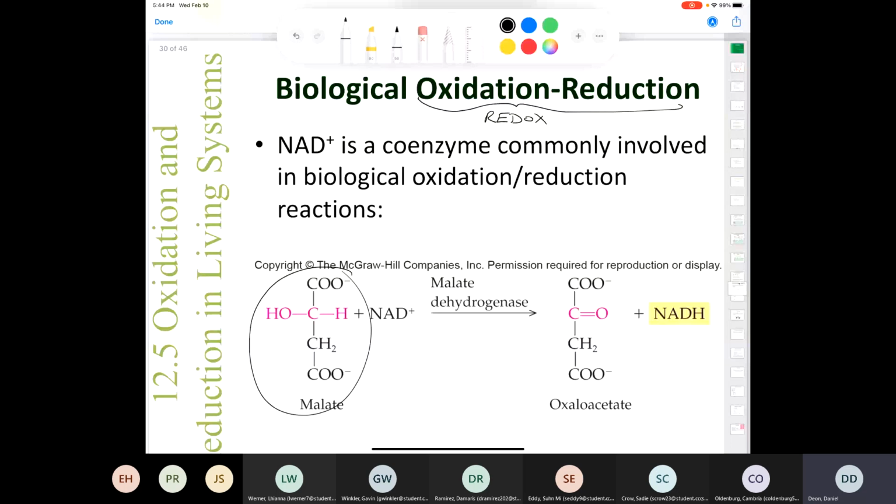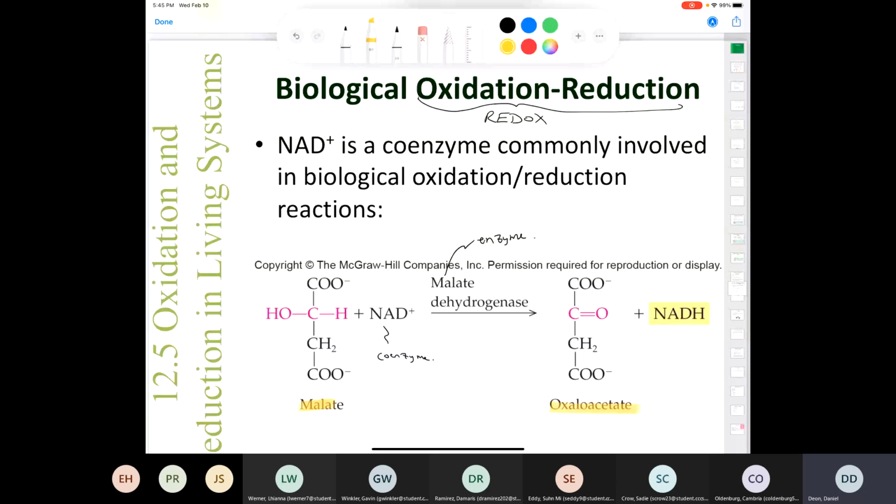Anyhow, we have this molecule right here. You can see that there's an alcohol in it, right? There's an alcohol right here. What happens is when you treat it with NAD+, which is your coenzyme, and malate dehydrogenase, so this is your coenzyme, and this is your enzyme, okay? You end up forming this molecule. You go from malate to oxaloacetate.